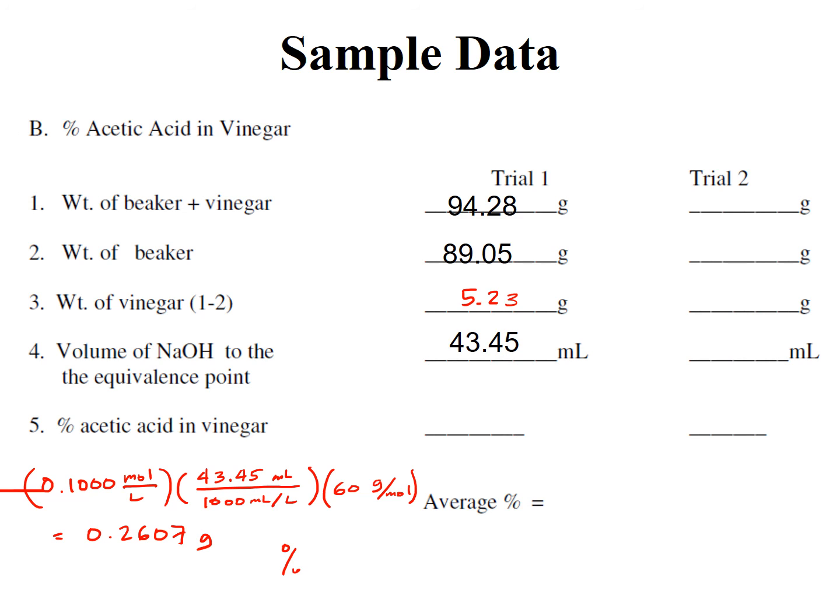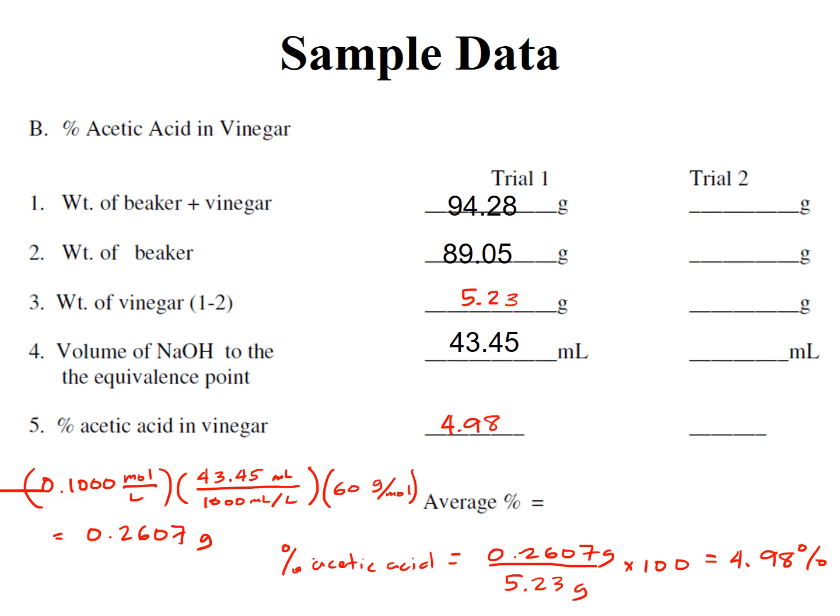Now to get, okay, the percent of acetic acid in your sample, you're going to use this value, 0.2607 grams divided by 5.23 grams, because that's the mass of the vinegar that you have, and then you multiply it by 100. So you have here 0.2607 divided by 5.23, multiplied by 100, so you end up with 4.98%.